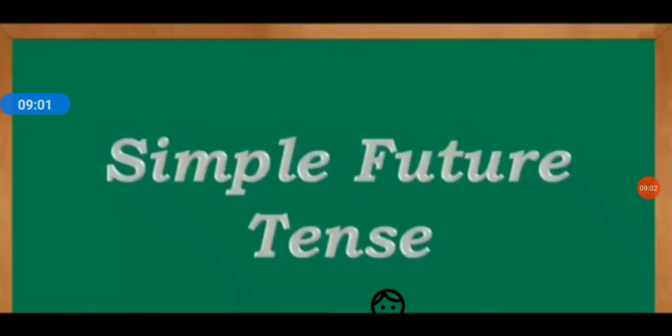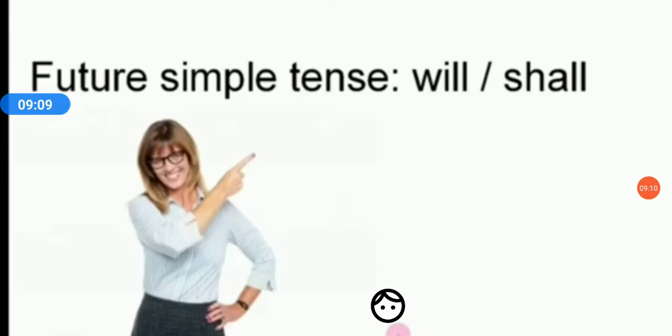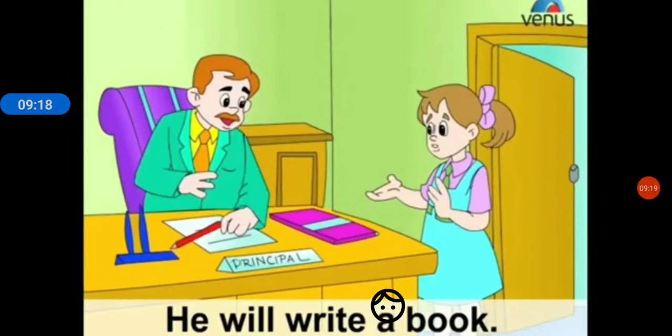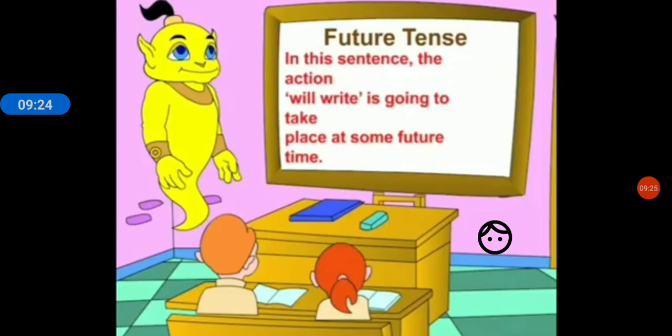Now, good morning children. Today we will do simple future tense. In simple future tense, children, we use will and shall helping verbs. Now see this example. He will write a book. Now what is future tense?